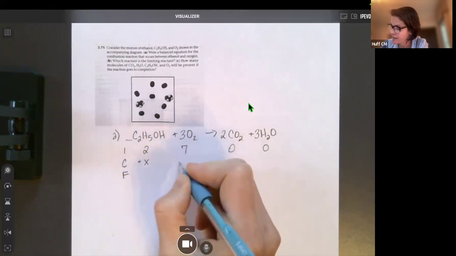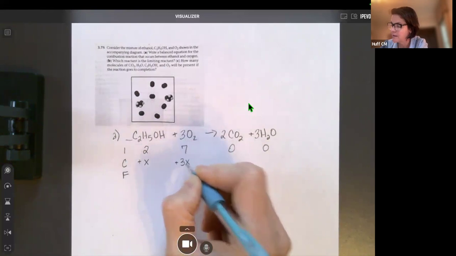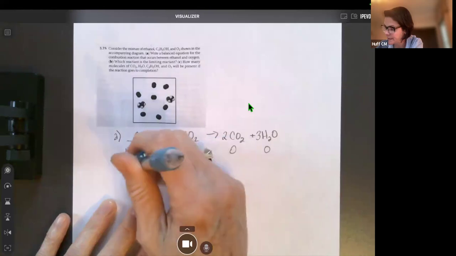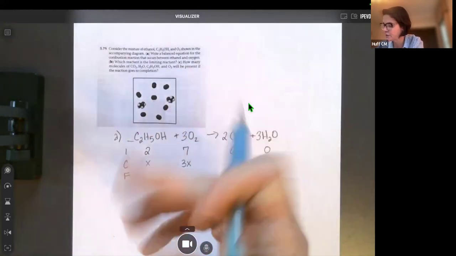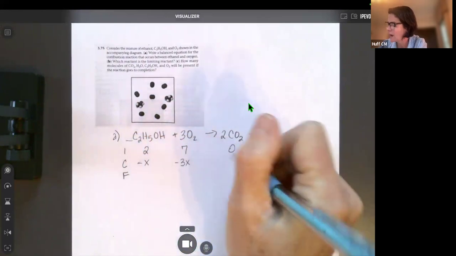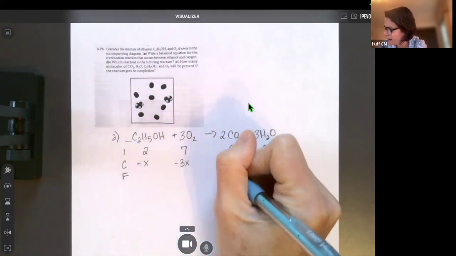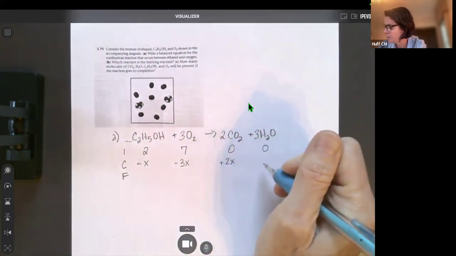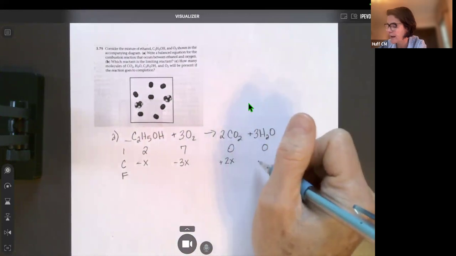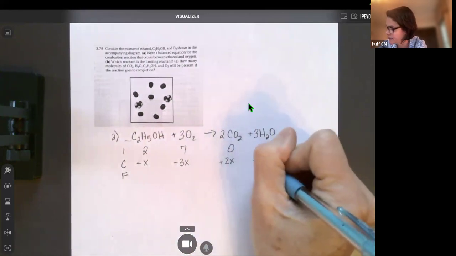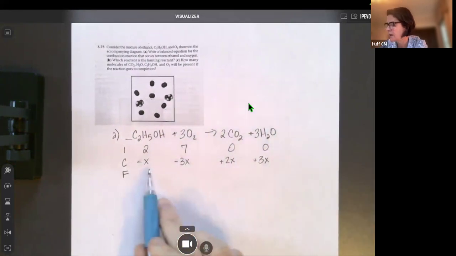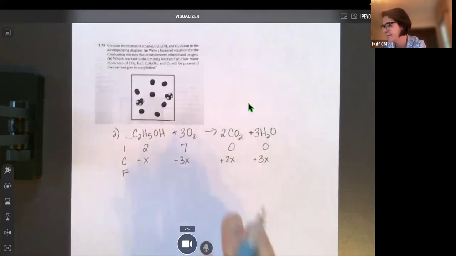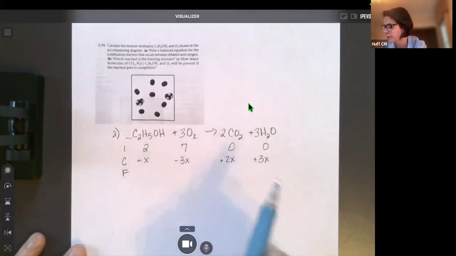The change in oxygen is going to be 3 times that, minus 3x. I'm putting minus because these are reactants and we're using them up. Over on the product side, we're going to be adding 2 times x for carbon dioxide and 3 times x for water. Again, change should reflect the coefficients and the ratio of the reaction here, 1, 3, 2, 3.